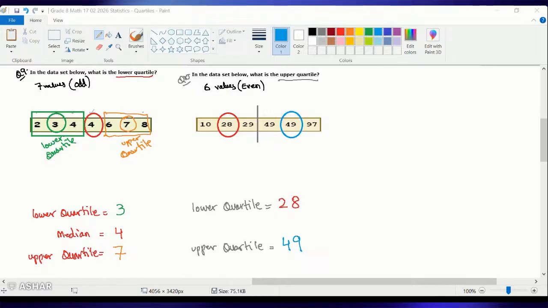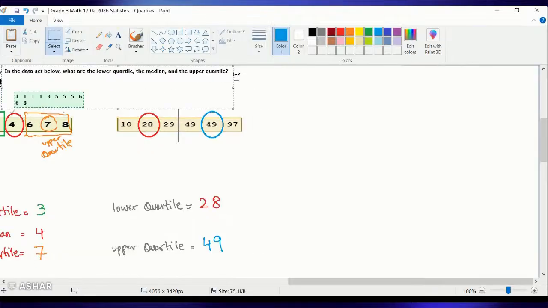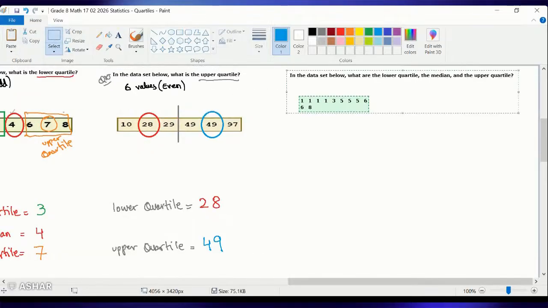Okay. So let's see the next question. They are asking us, in the data set below, what are the lower, upper, and the median? For the next question, we need to find the lower, upper, and the median. And the values given to us are these.